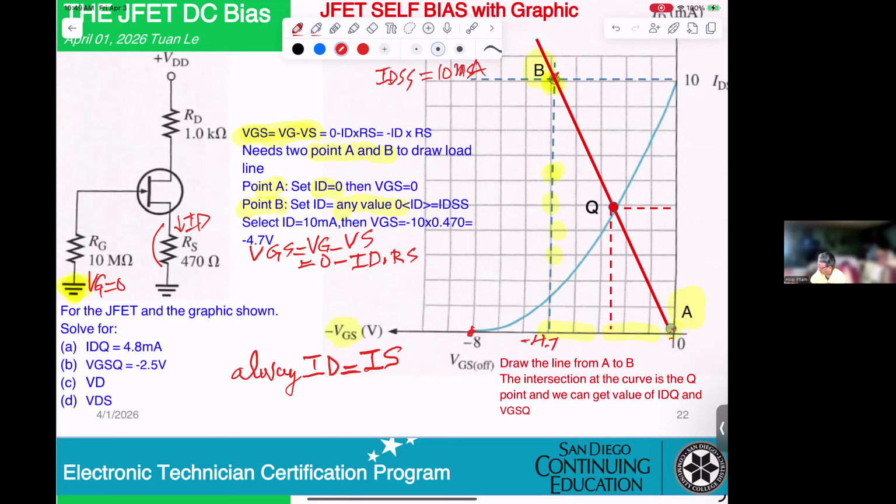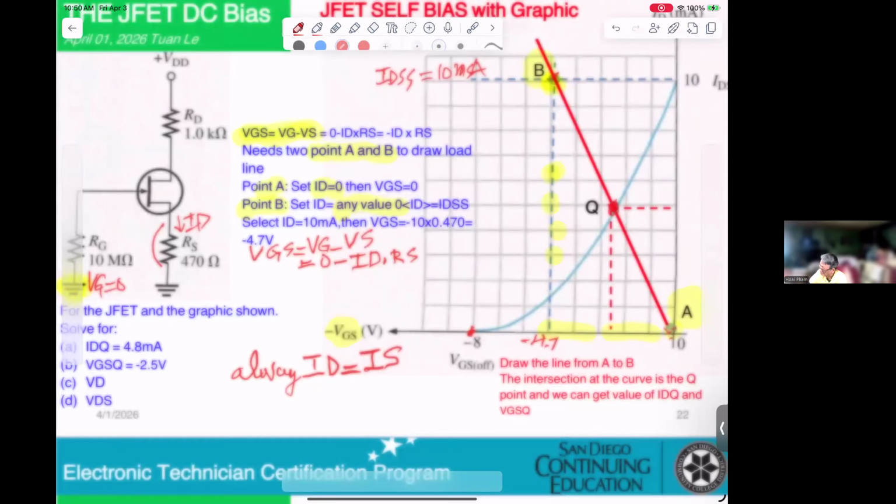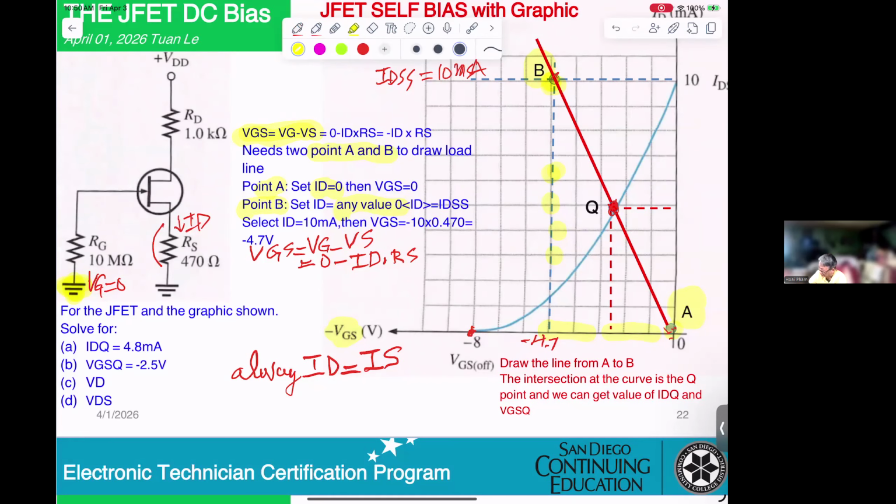This point A, this point B. You draw the line, so they cut the curve at Q point here. Okay, that will be given to you the value of IQ or VQ. Okay, in here for JFET and the graphic shown for IDQ. That means they want the current ID.